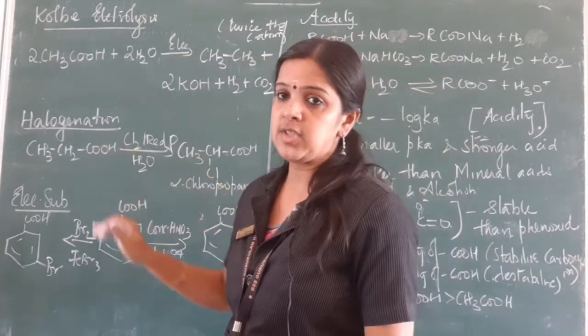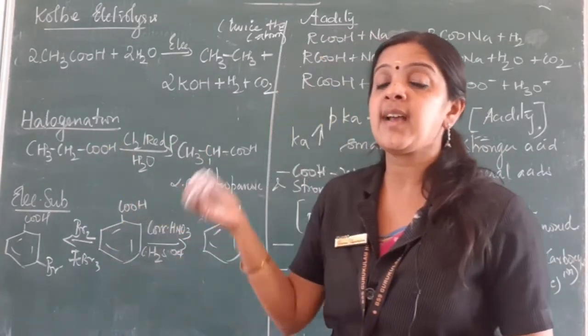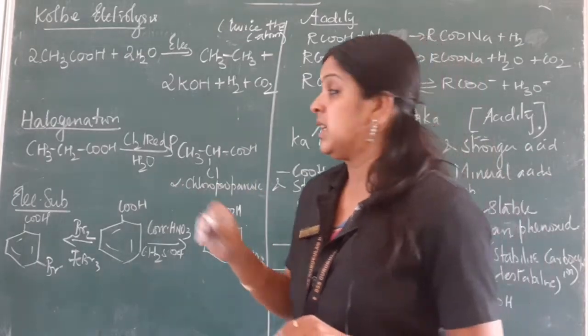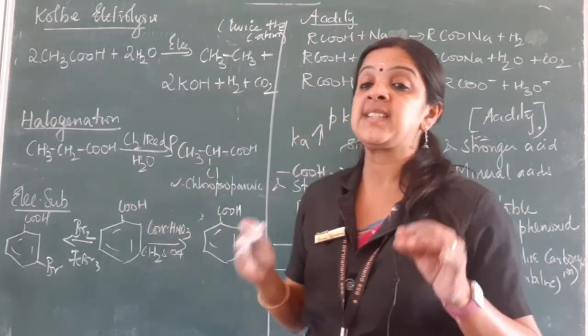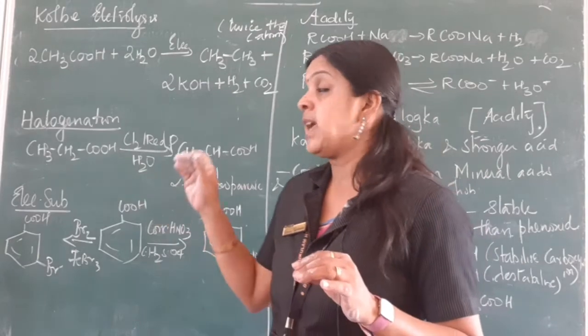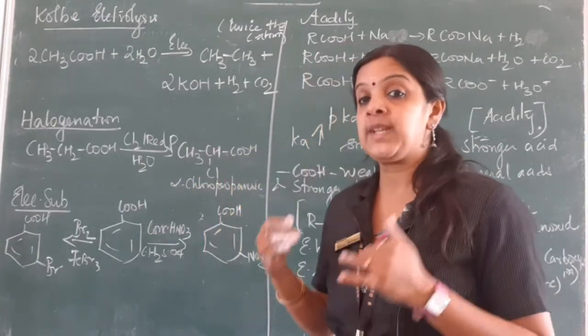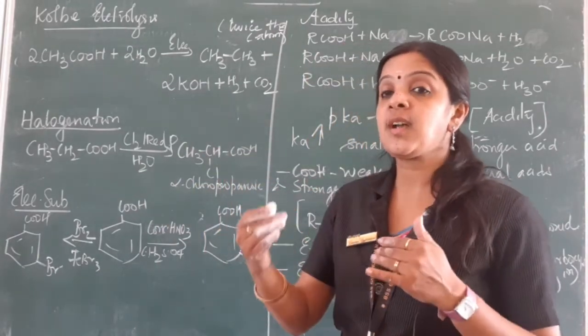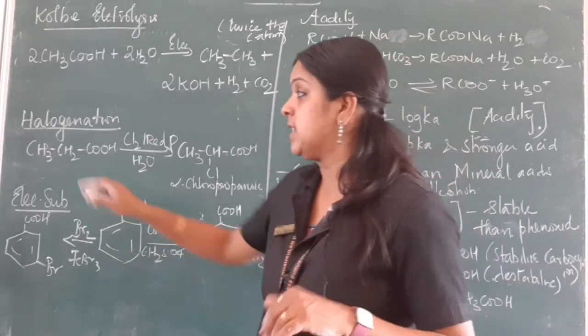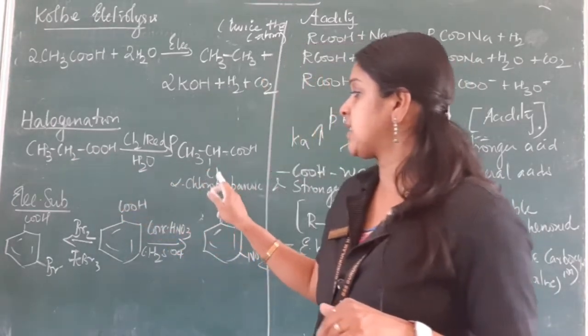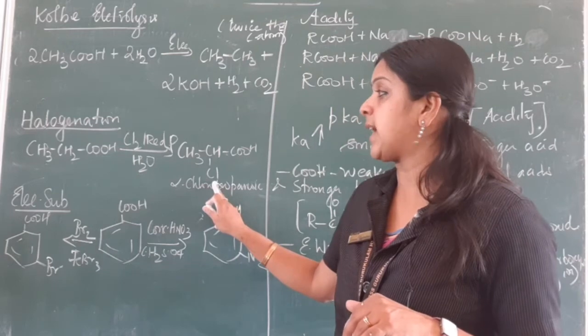Next one is halogenation, where we are going to add a halogen atom to the acid. Now, it is not a replacement, it is actually an addition reaction, but along with it the hydrogen is also being removed. So, it is an addition along with replacing of hydrogen. What happens here? On the second carbon, there is a halogen atom.